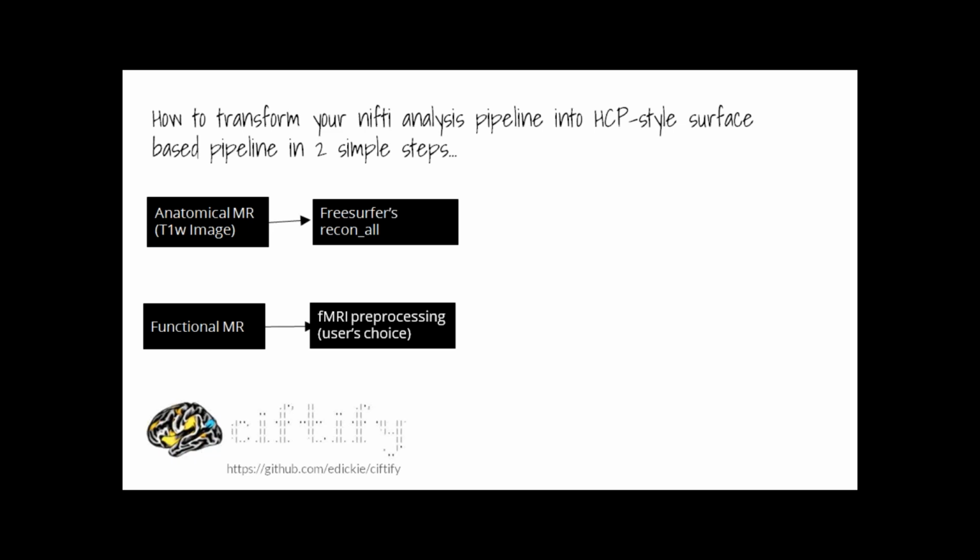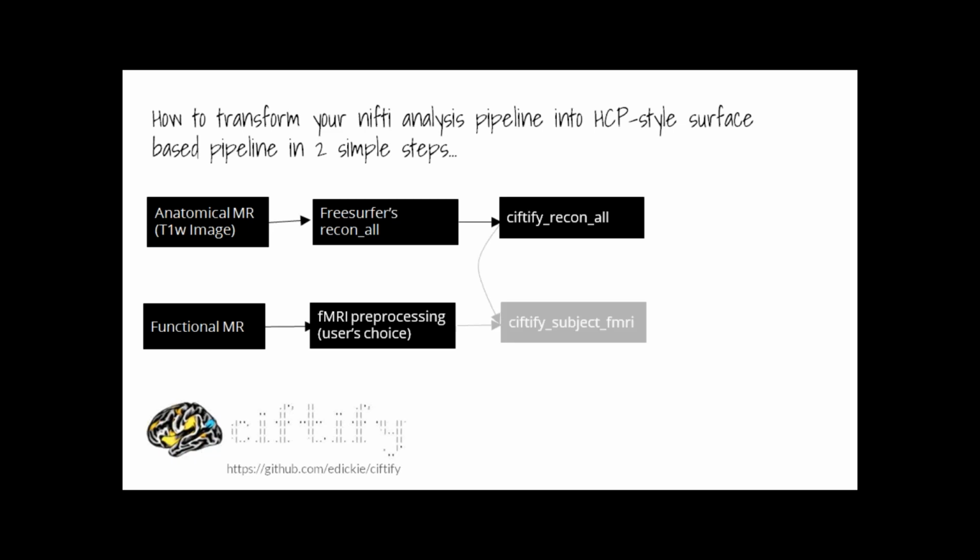So the first step is you take anatomical data that you may or may not have already run through the FreeSurfer recon-all pipeline. Once you finish the recon-all pipeline, you do this step: you run the command siftify recon-all. Then you take the functional MRI data, which you've already preprocessed to your liking.